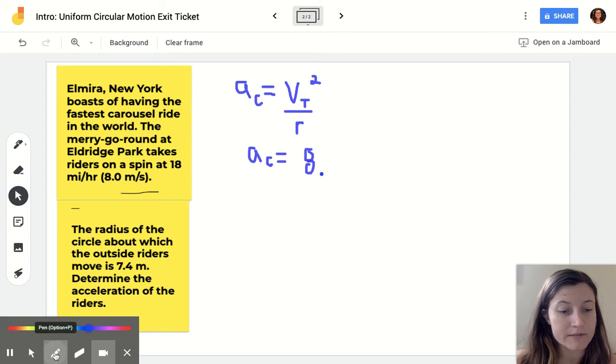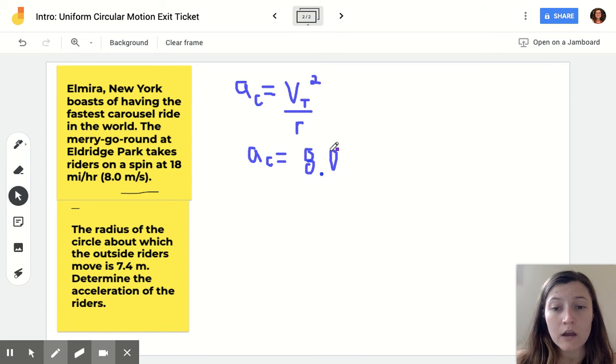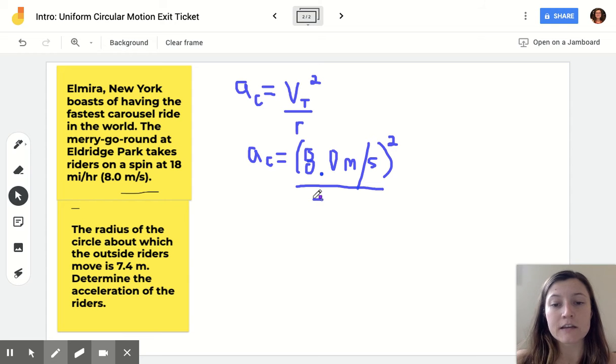Thankfully, it's nice of them. So we're going to take 8 meters per second, square it, and divide by the radius, which is a whopping 7.4 meters.